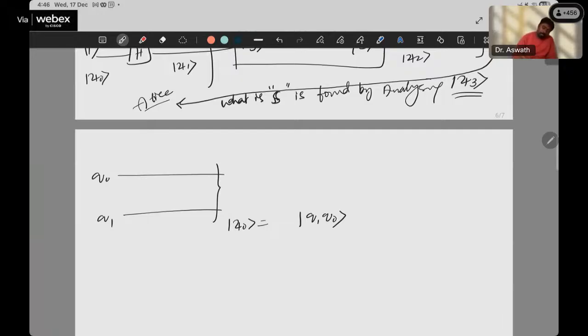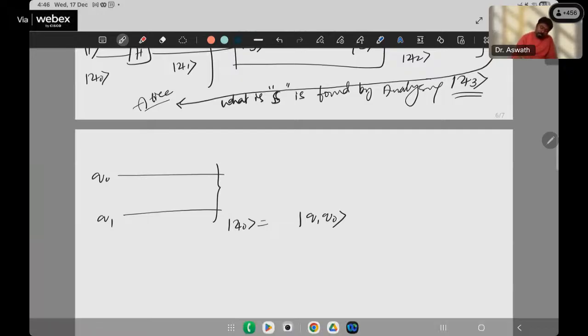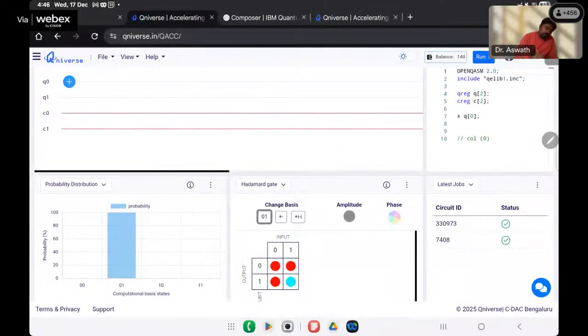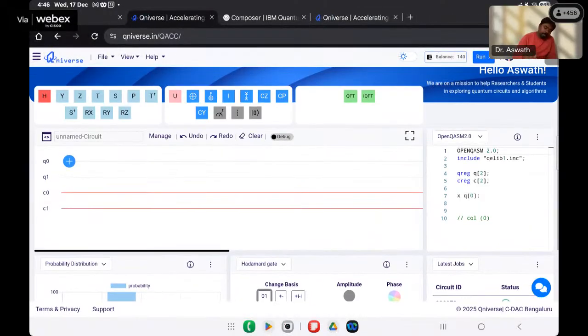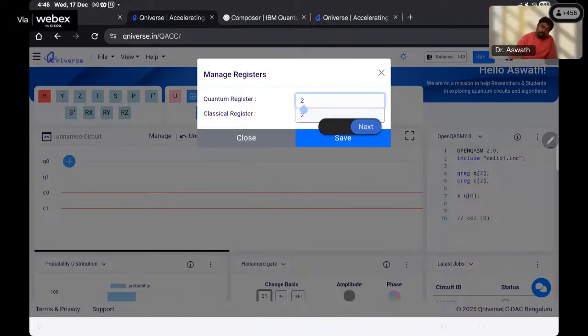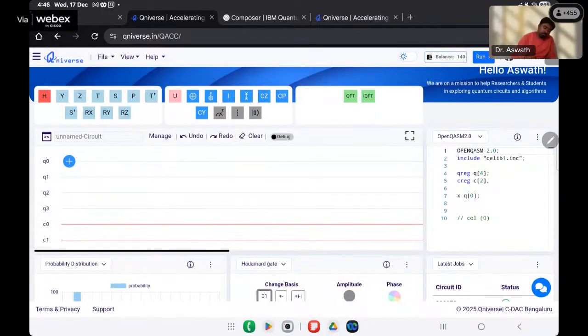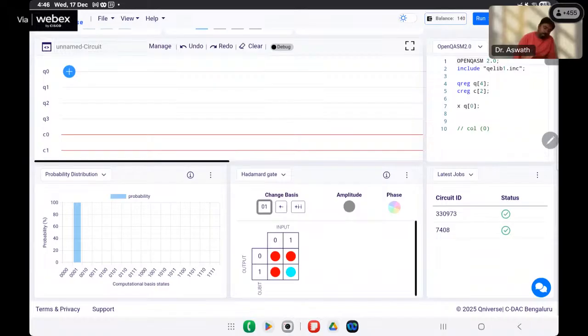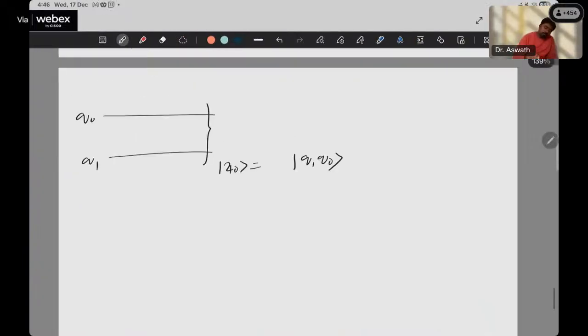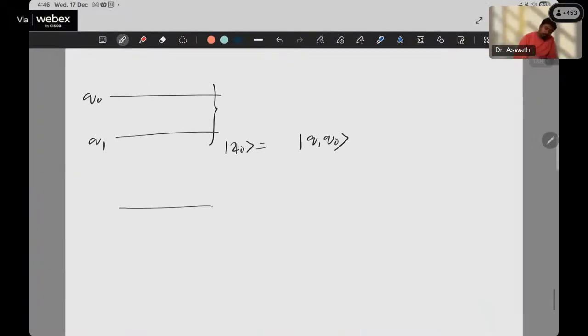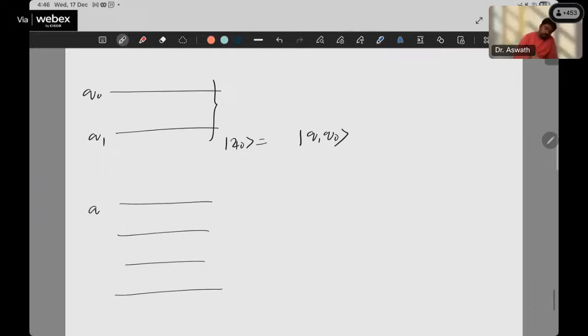Now let me increase to a larger number, let's say 4 qubits: Q0, Q1, Q2, Q3.